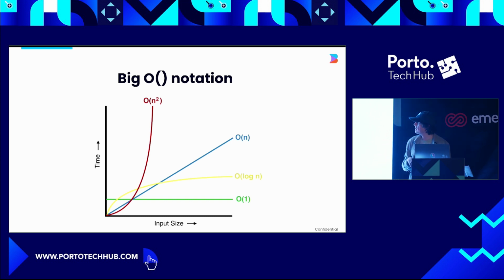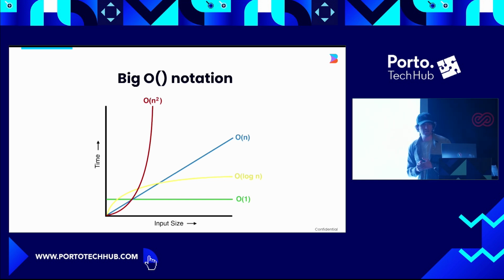That means that if the task is double, maybe the time is also double. It can be much worse than that. It can be exponential, which becomes very impractical if the size gets bigger. And ideally, in the ideal case, we will have O(1). It doesn't really matter if it's 1 or 100 or 1 million to process; the time should be, in theory, the same.